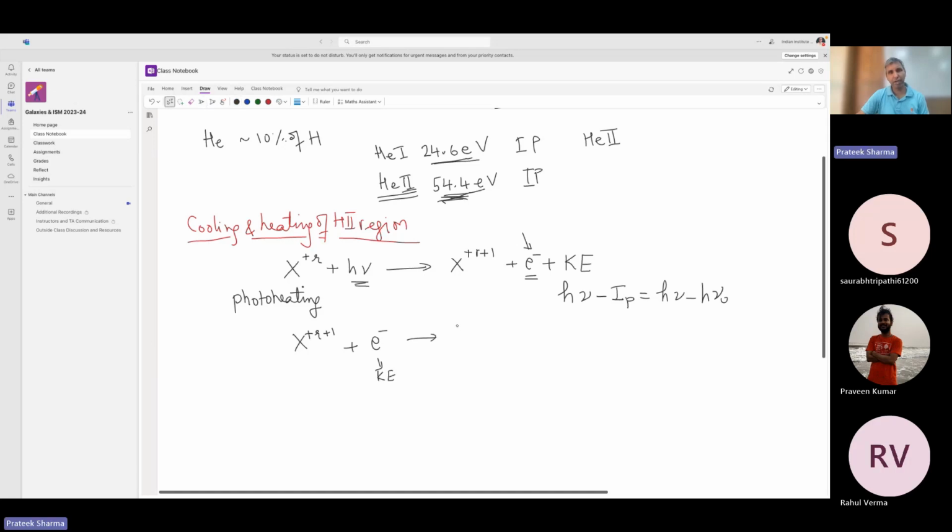It will produce X plus R plus h nu. And if this h nu is less than 13.6 eV, or if it is not exactly resonant with something else, it will just leave the H2 region, carrying away essentially the kinetic energy of this electron. It is all radiated away.